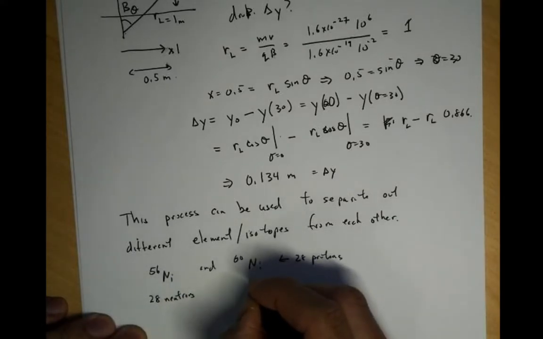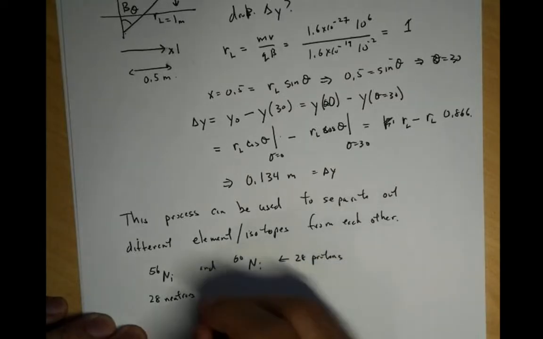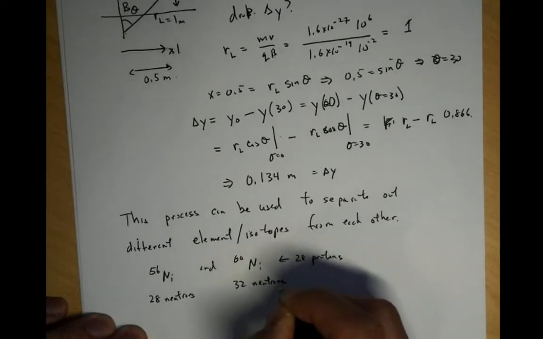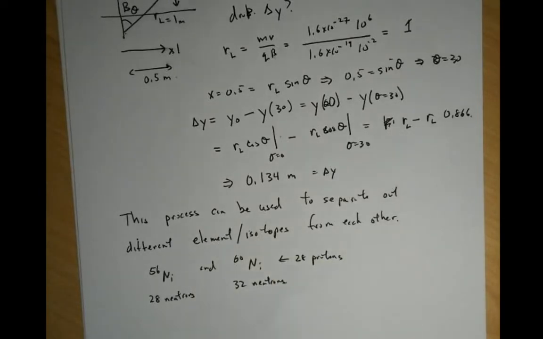And this one has, let me see if I do it right, 4 more, 32 neutrons, right? Chemically, these things are identical because chemistry is determined by the number of electrons you have, and the number of electrons you have is determined by the number of protons you have. So chemically, you can never separate these two things out, right?